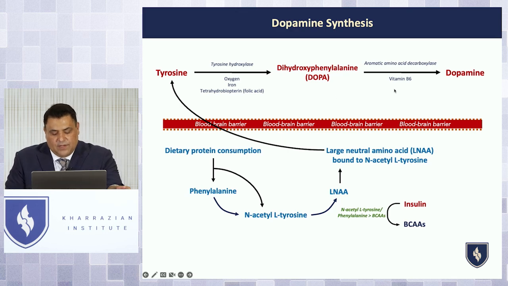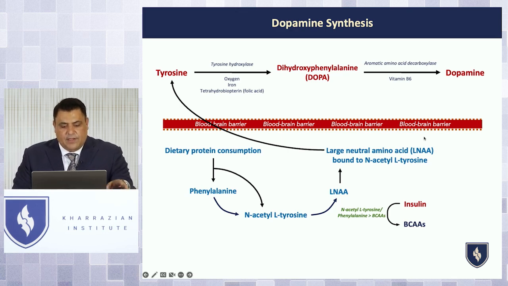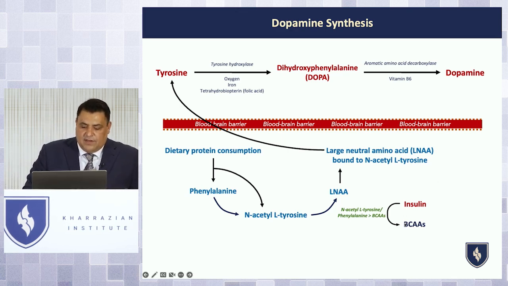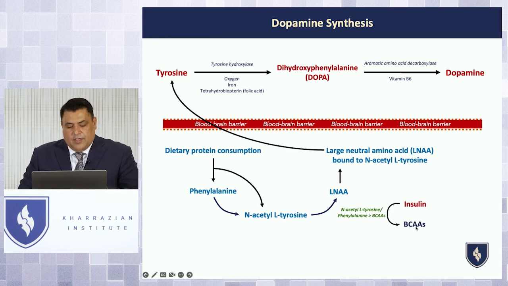These are the cofactors. The most important part of this pathway is this insulin to branched chain amino acid ratio. There has to be proper insulin responses to activate the large neutral amino acid transporter to start dopamine synthesis. So when people have blood sugar issues, they can have deficits in their ability to make dopamine. If people are anemic, or have severe iron deficiencies or B6 deficiencies, their dopaminergic synthesis may be impaired, okay?